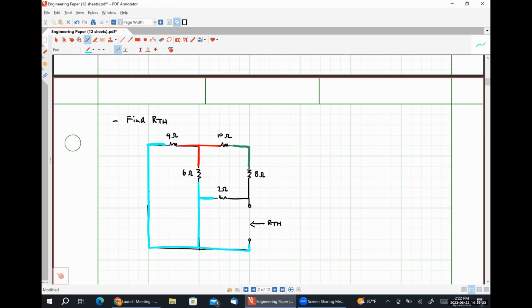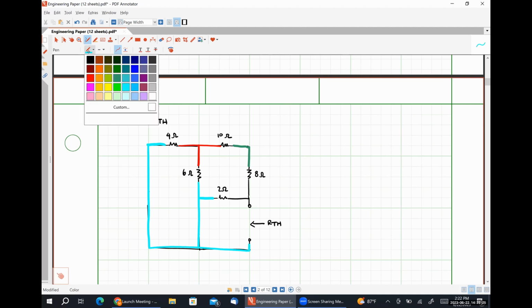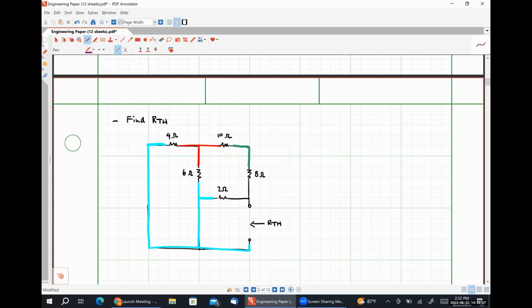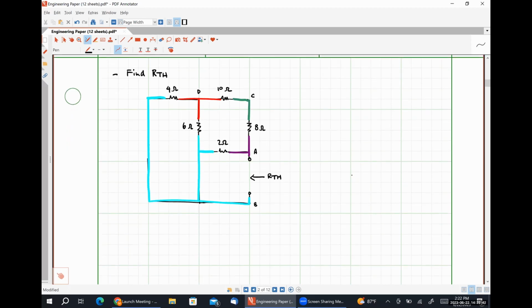Here's a node. And let's do purple. Here's a node. I'm going to label these nodes. So I'm going to call this A, this guy B, this guy C, and this guy D.